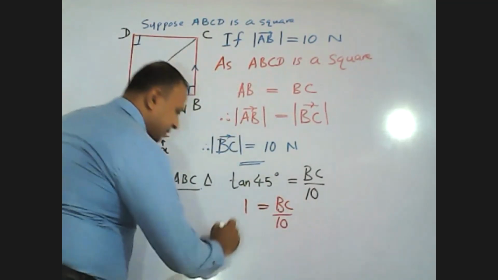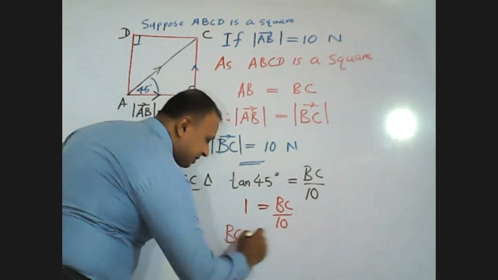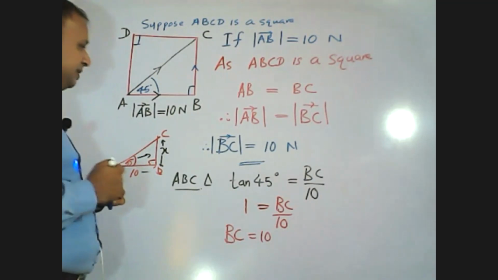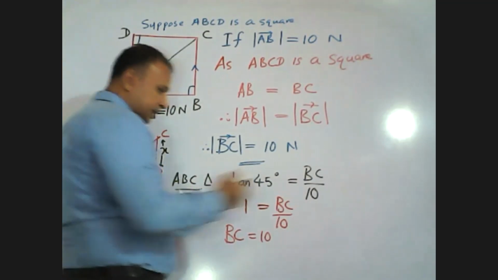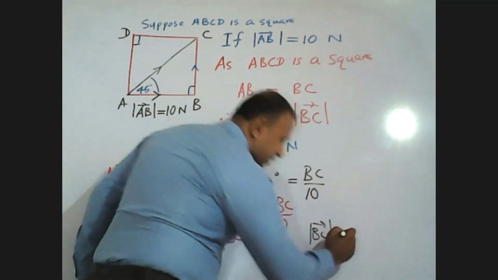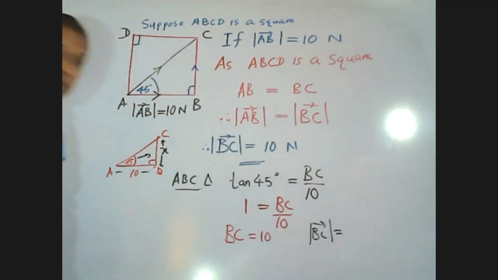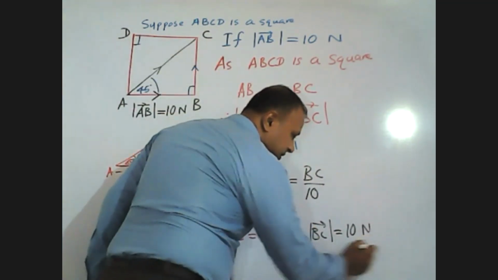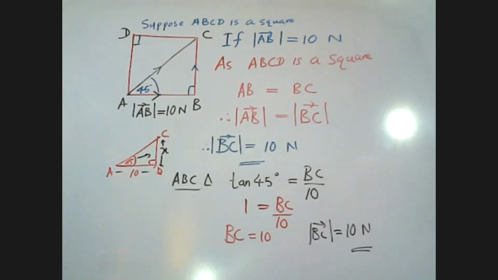Then the length of BC is equal to 10. That means the magnitude of the BC vector is equal to 10 Newton.